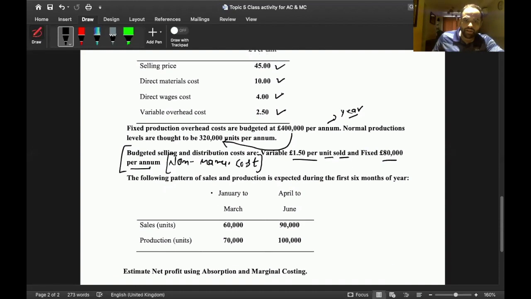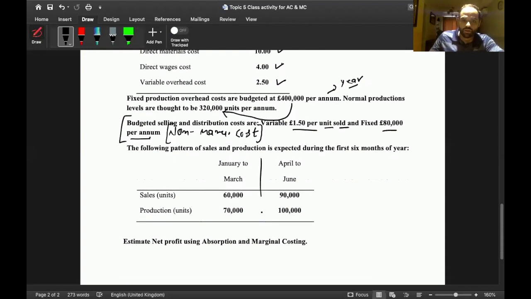Now, the following pattern of sales and production is expected during the first 6 months of the year. So here, you are calculating from January to March, first quarter. This is quarter 1, and this is quarter 2, right? So you are calculating your sales for first quarter, production for first quarter, first quarter, second quarter, all right?